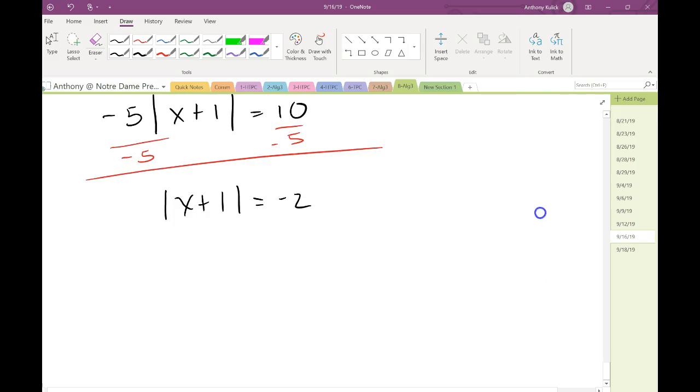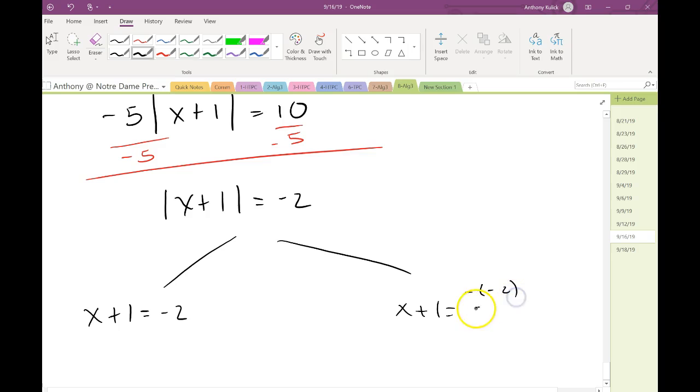Now what should we do? Okay, split it into two linear equations. What will the first linear equation be? X plus 1 equals negative 2. And what should the second one be? X plus 1 equals positive 2. You could think about that as the negative of the negative, or you could just write positive.